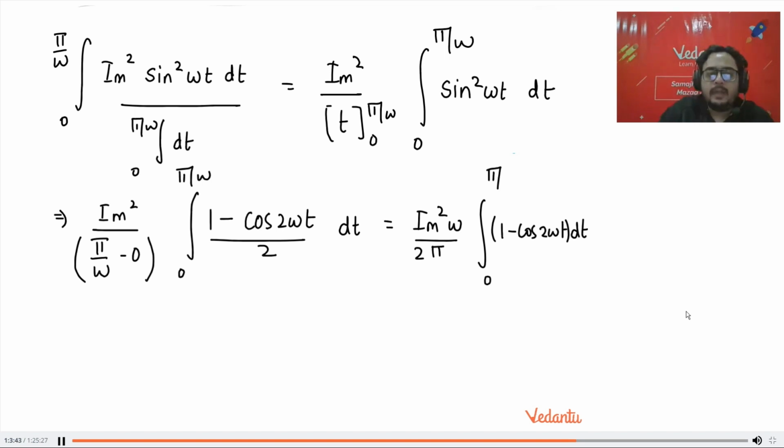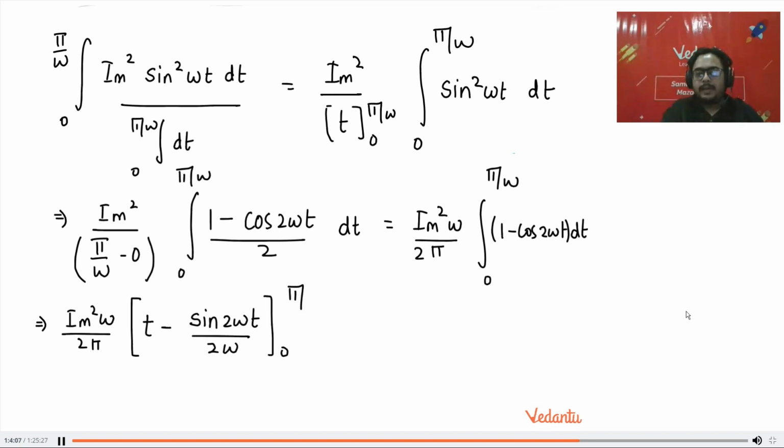You are going to get Im square omega by 2 pi. Integration of 1 is t, minus integration of cos 2 omega t, which is sine 2 omega t by 2 omega, with limits 0 to pi by omega. So put pi by omega in place of t and subtract the value at 0.